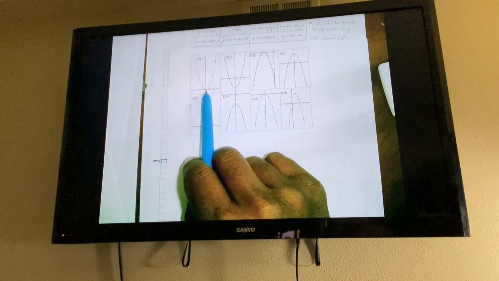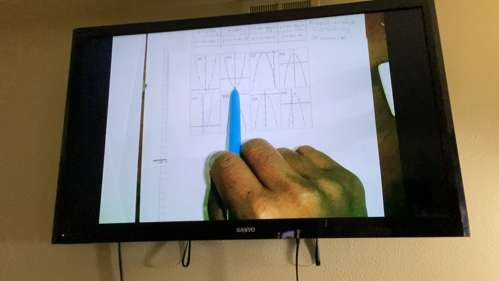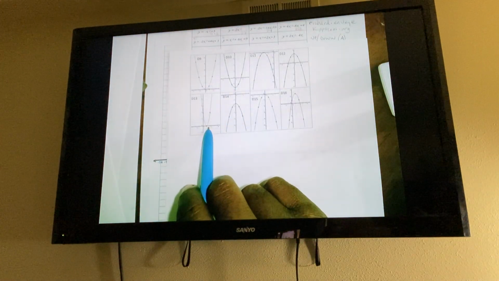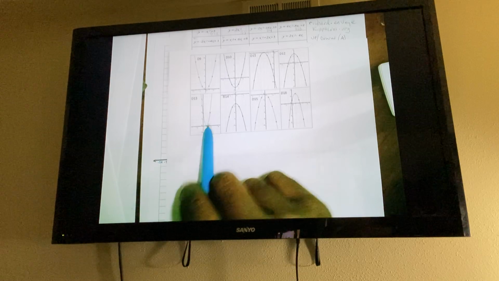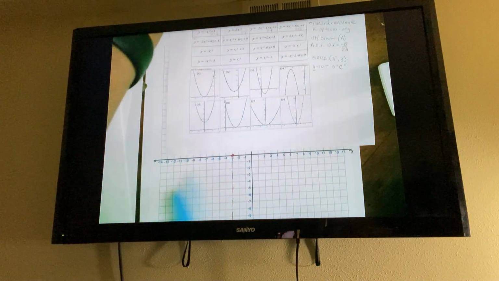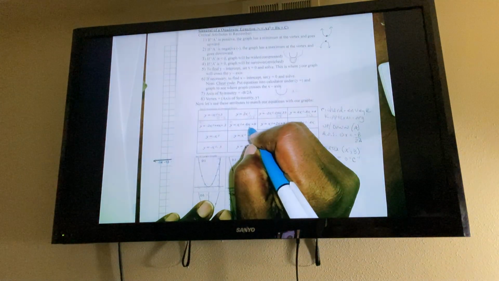Vertex here is 0, 0. Vertex here is 0, -3. Vertex here is 1, 0. So the only one that matched was D1. So our answer here would be D1.